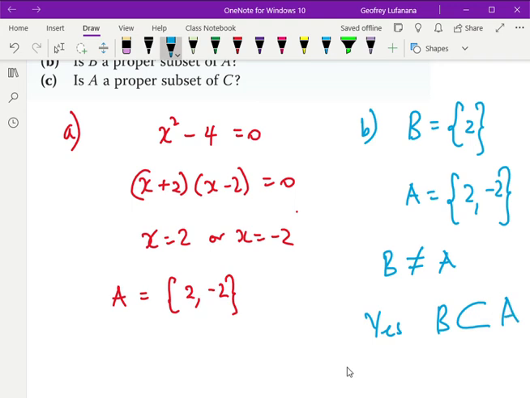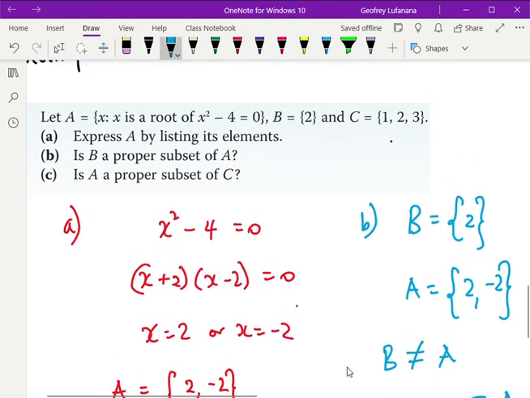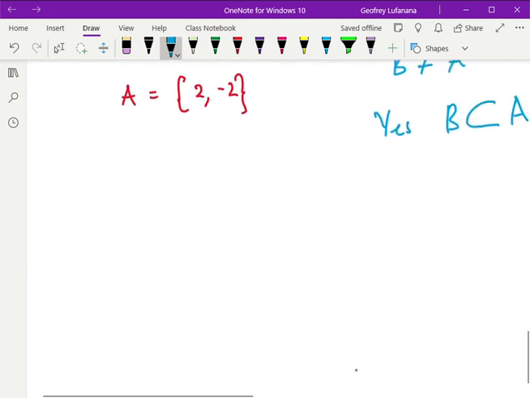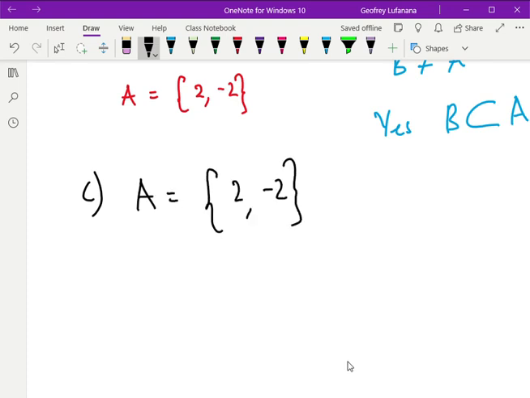And then the last part: is A a proper subset of C? Now let's remember, our A has members 2 and negative 2, whereas C has members 1, 2, and 3.